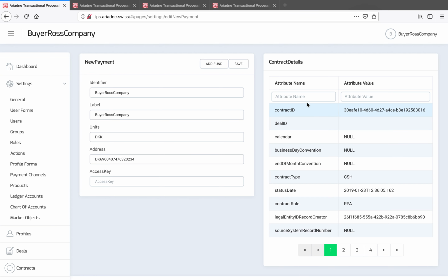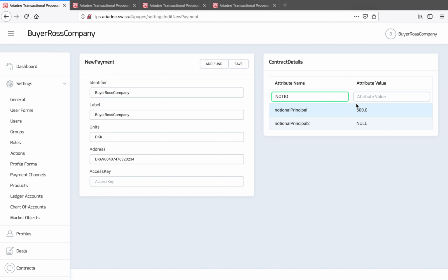What we see is an increase in the notional value of this contract, indicating that the balance that exists with buyer Ross company is 500 crowns for transaction.